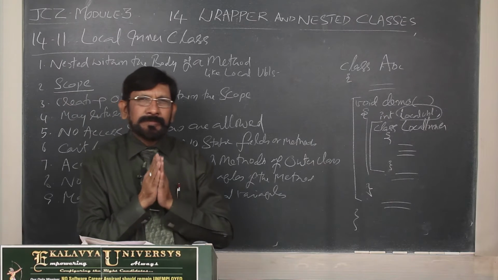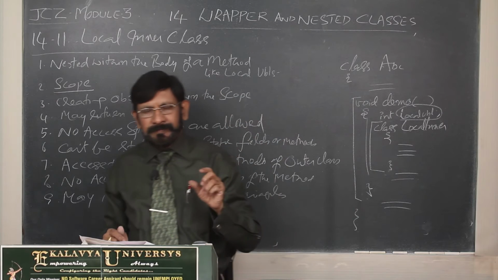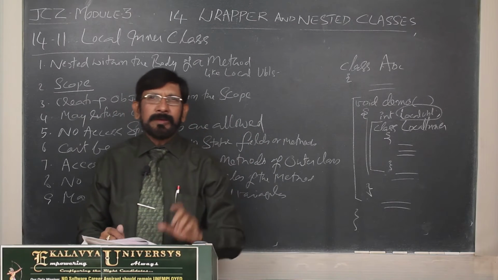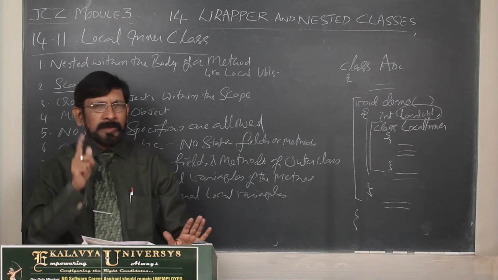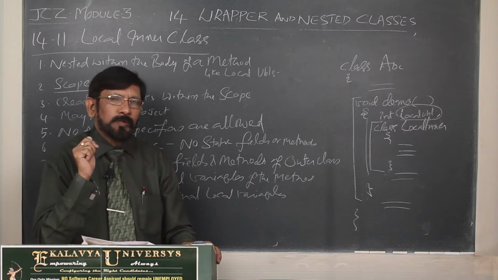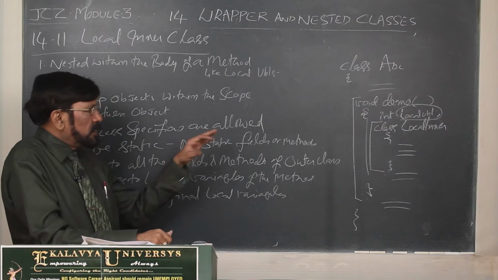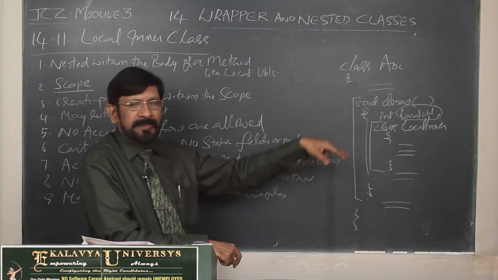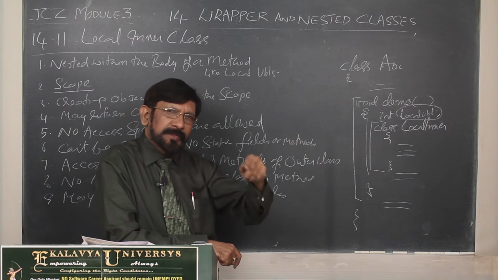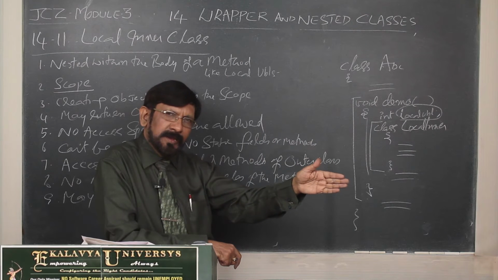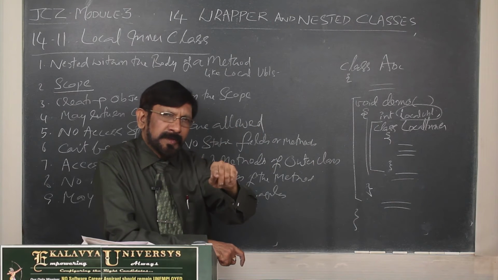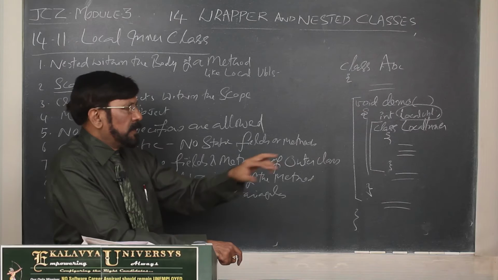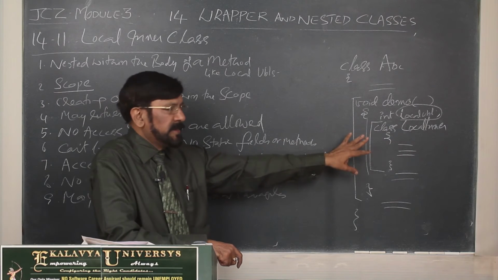The first thing is, a local inner class is defined within the body of a method. Number 2, it is having a scope. What is the scope? Related to the method only. Whenever a method is called, it gets life, and whenever the method returns, it dies.